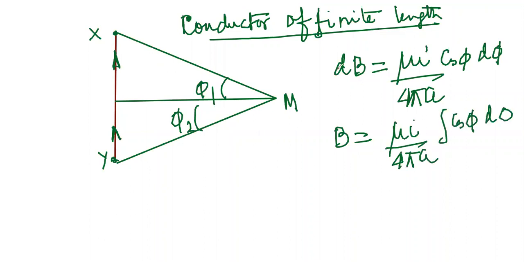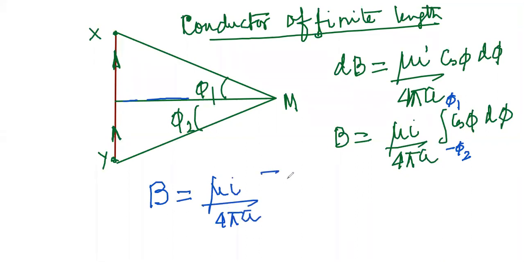Now children, here you have to take the limits carefully. If I consider this to be my line of reference, phi 2 is below it and phi 1 is above it. So I take this as minus phi 2 and this as plus phi 1. So B will be mu I by 4 pi a integration of cos phi, that is sin phi, within limits minus phi 2 to plus phi 1.